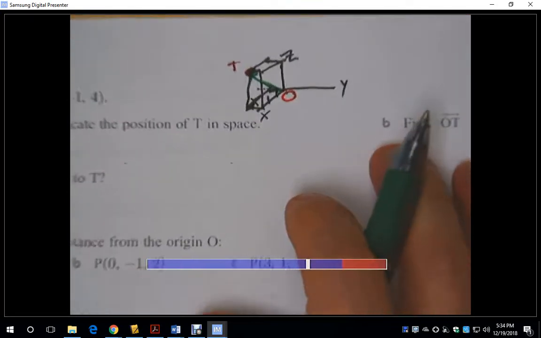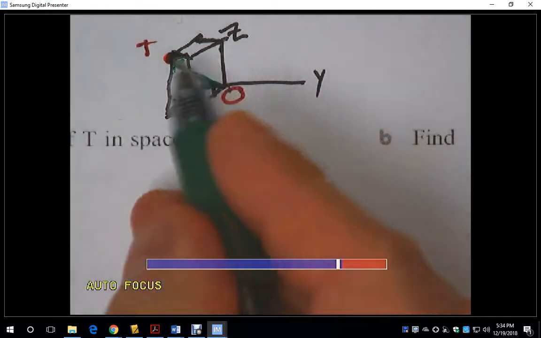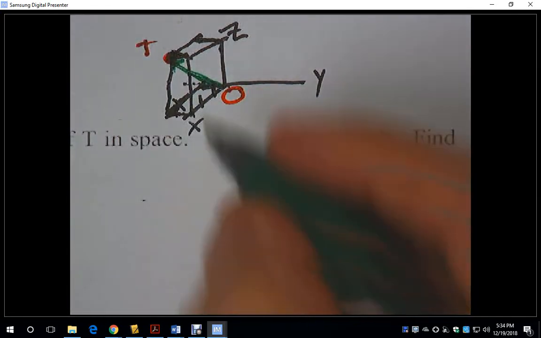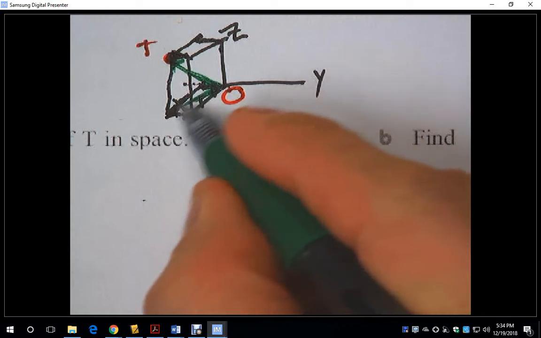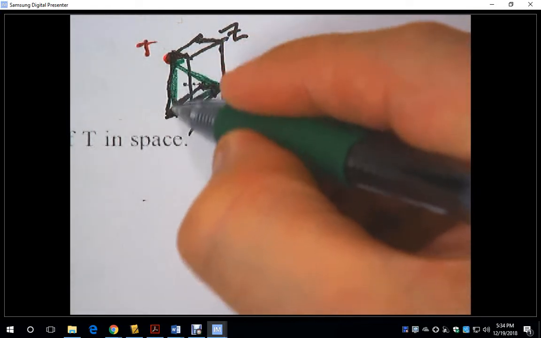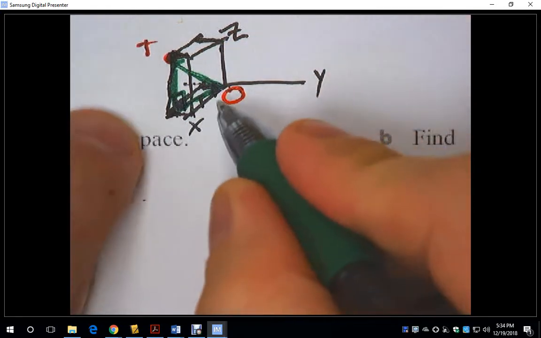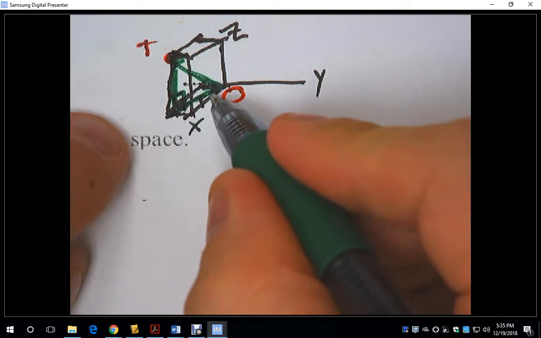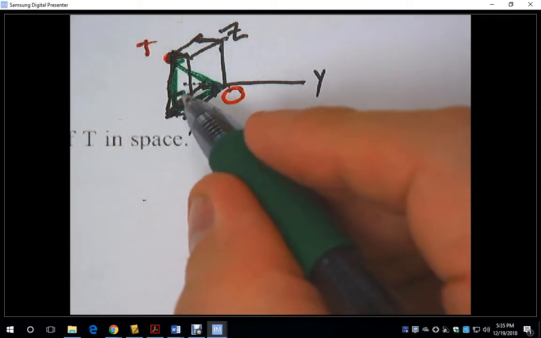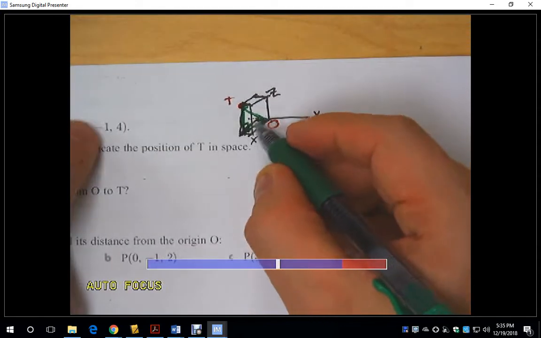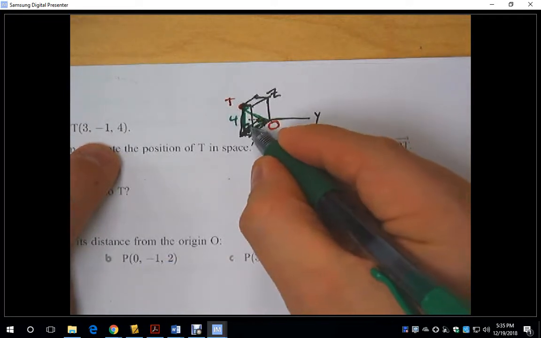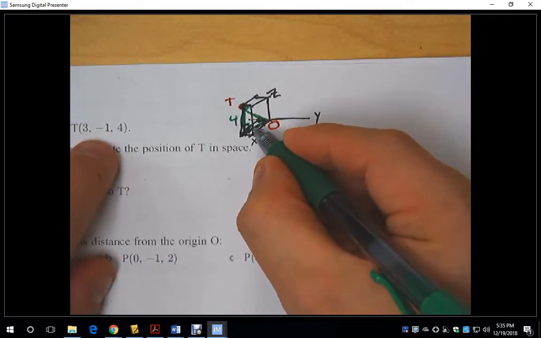For this length here, we can construct a right triangle, with our height being 4, and the base of this right triangle being our diagonal here.